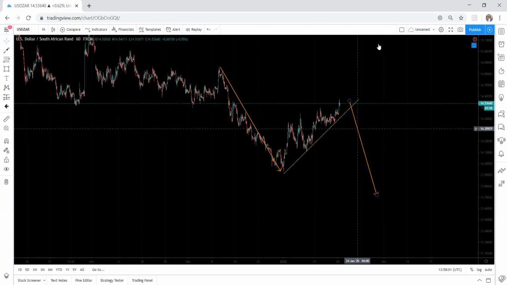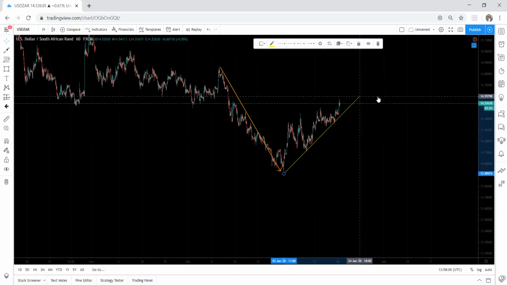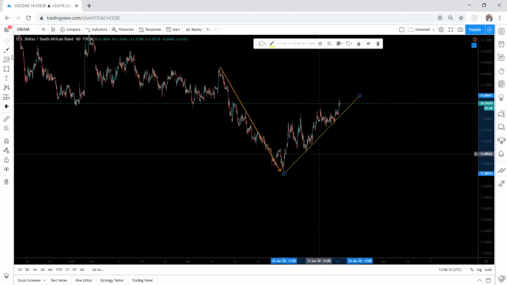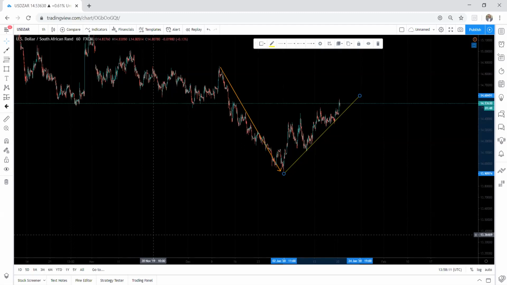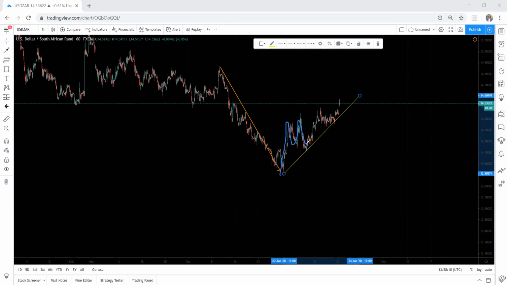As it is now, it's still in a bullish state, because you have impulse, you have impulse, and you have correction. It moves, it corrected, it broke out, it moves. So we don't know if it will correct and break out again. We don't know.